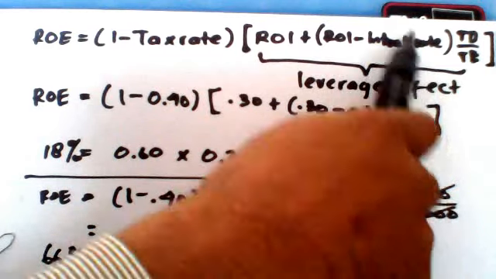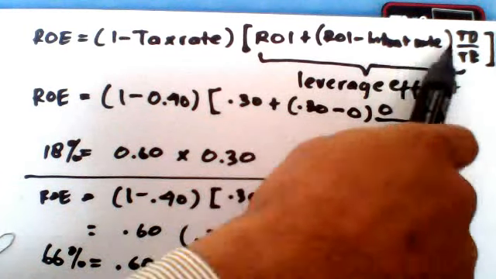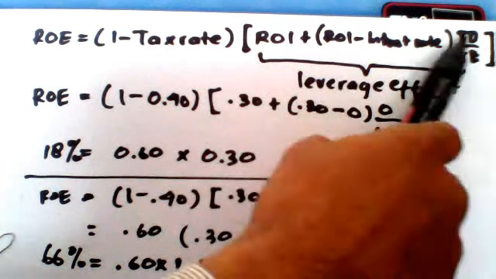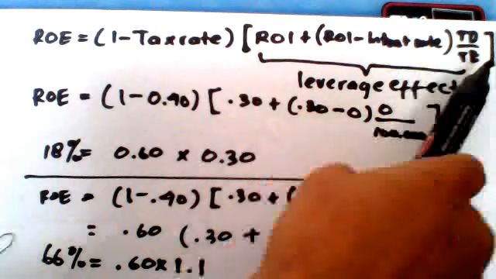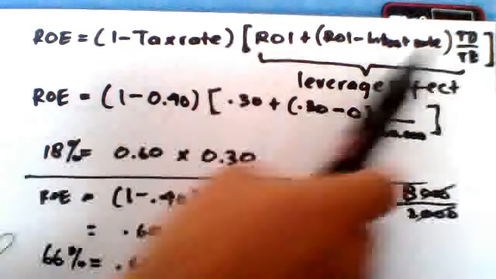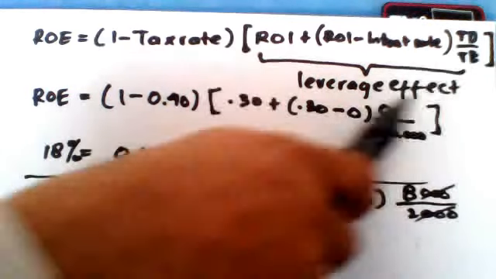This might not be so clear, but I mean interest rate. Then we multiply this with total debt over total equity. This part of the equation we can call the leverage effect.